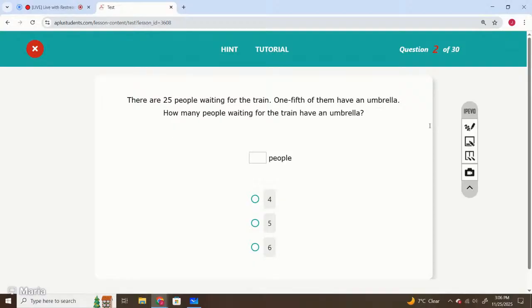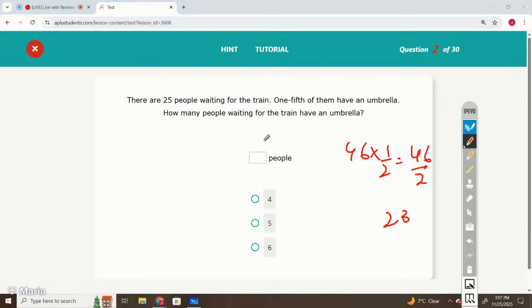There are 25 people waiting for the train. One fifth of them have an umbrella. How many people waiting for the train have an umbrella? So one fifth of 25. 1 by 5 times 25. 25 times 1 is 25 and 5 times 1 is 5.